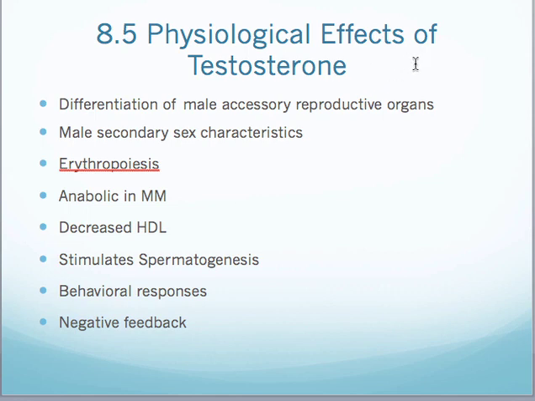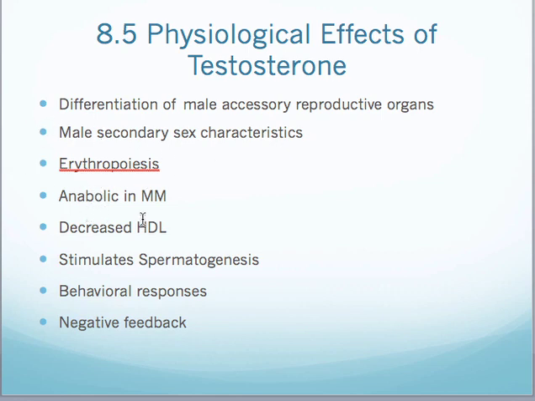The physiological effects of testosterone, as you can see, are quite extensive. Testosterone is responsible for the differentiation of male accessory reproductive organs, including their development and growth. Testosterone is also responsible for the male secondary sex characteristics, such as hair patterns in the body and deepening of the voice. It facilitates the formation of red blood cells.